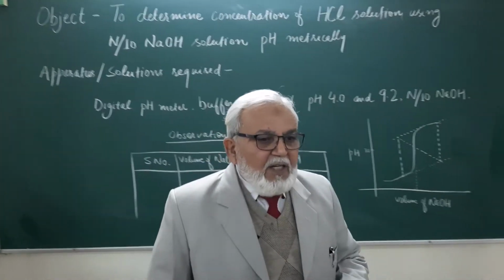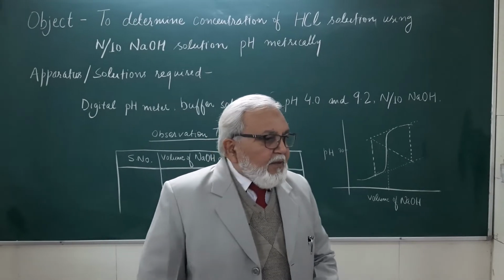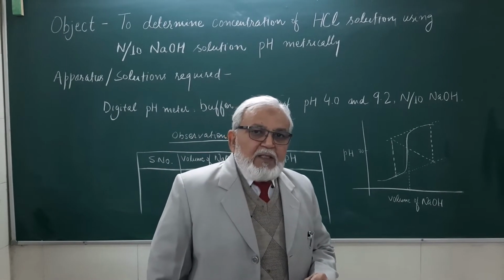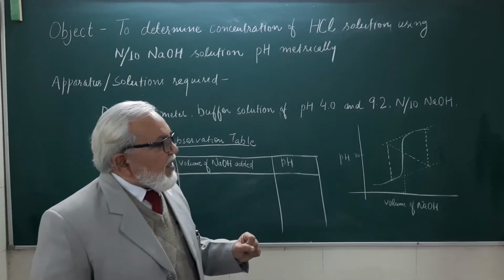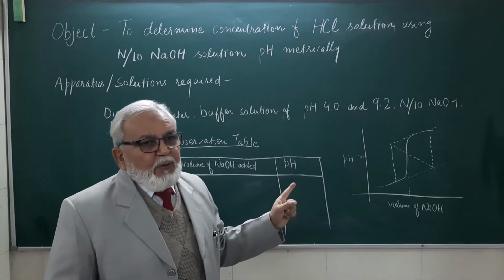As we have discussed in theory classes also, without using an indicator, only by determining the pH of the solution in acid base titrations, we can find out the equivalence point.